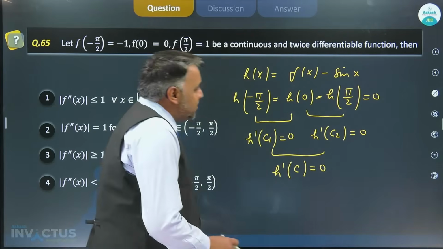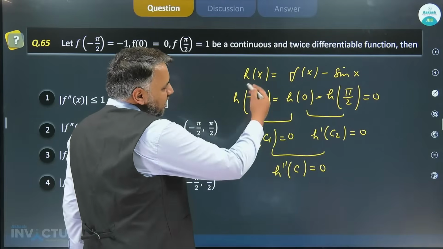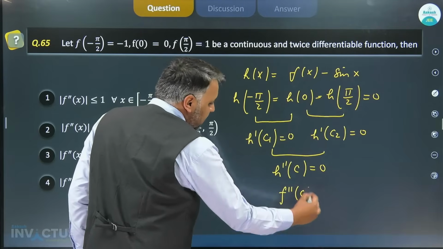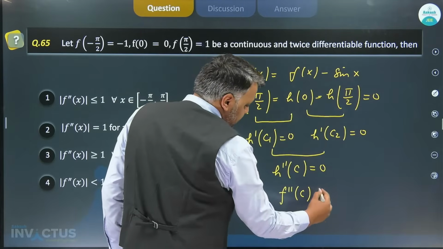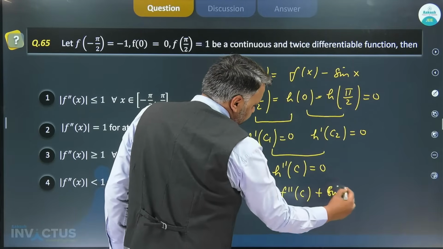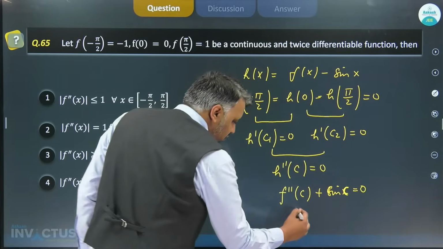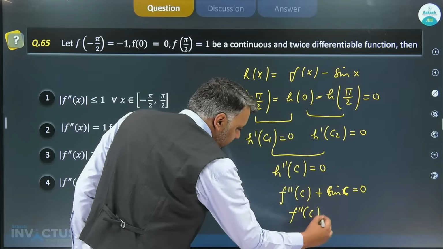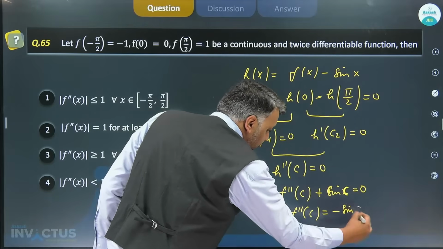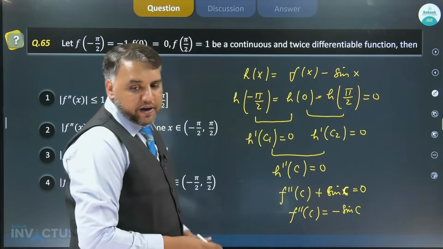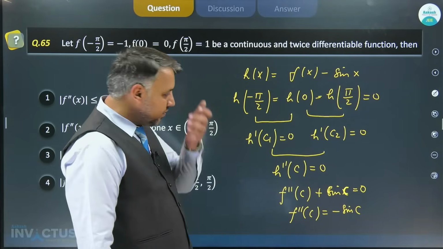Now what is h''(C)? That is f''(C) plus sin C. So this must be 0. So f''(C) will be minus sin C for at least one C between -π/2 to π/2.